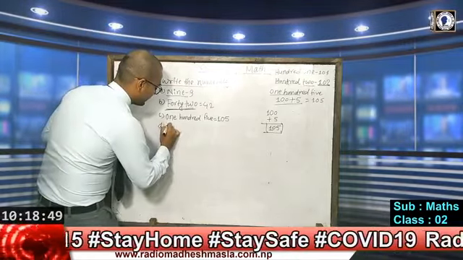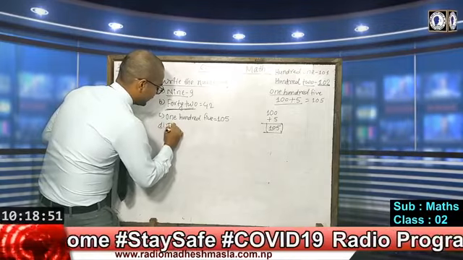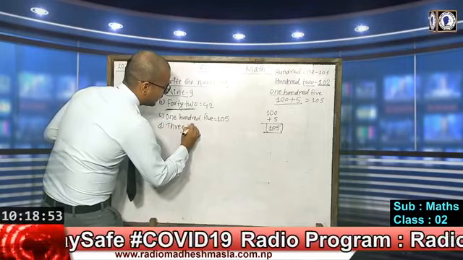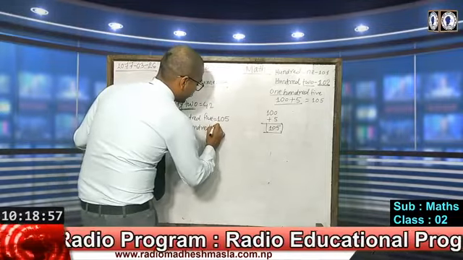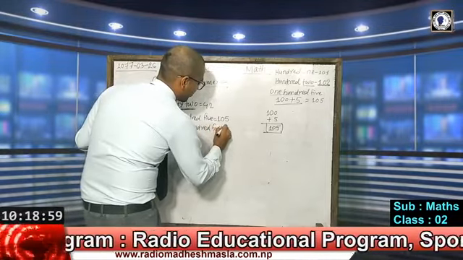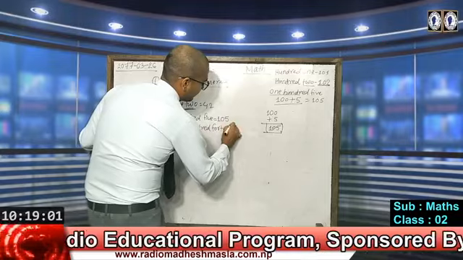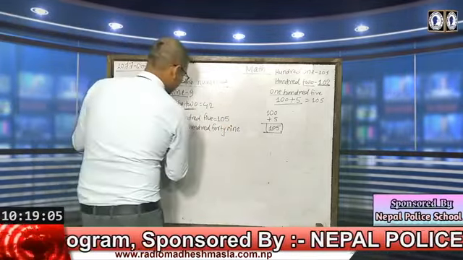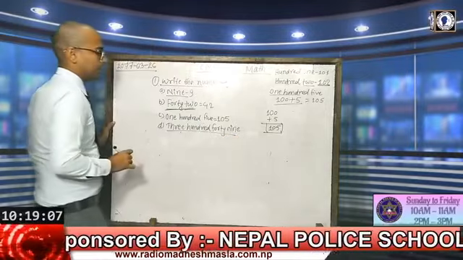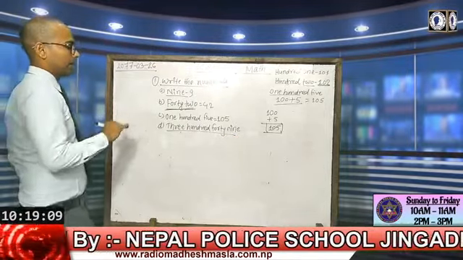Suppose 300, 49. How many digits are there? The number which is given is up to 100 digits.